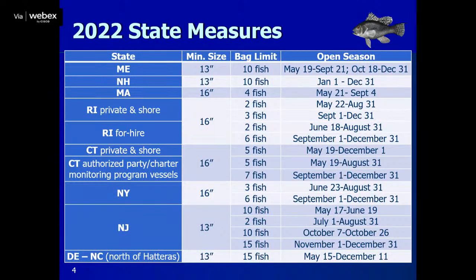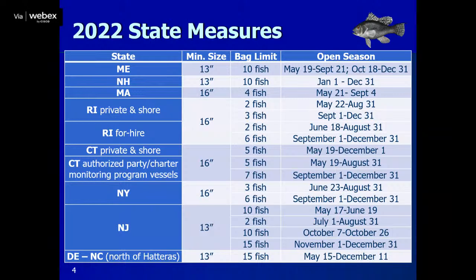So jumping into recent fishery performance, first wanted to note that, as I'm sure you're all aware, the black sea bass measures in virtually every state were restricted in 2022 compared to prior years. And the goal was to reduce harvest to prevent an overage of the 2022 RHL. And you can see the measures on the screen here. They do vary by state, and the way that each state took that reduction, the goal was to overall achieve a 20.7% reduction in harvest compared to a recent year average.